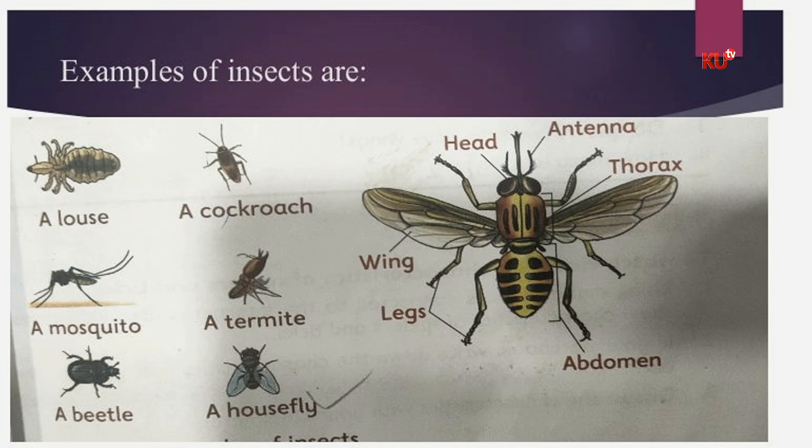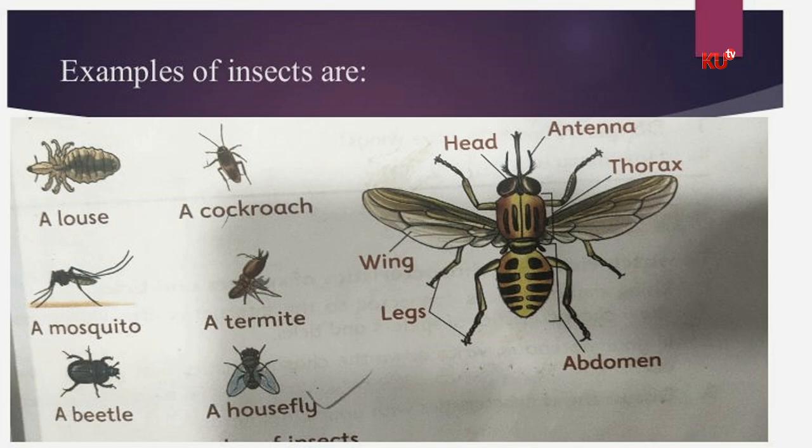So ants, beetles, louse do not have wings, but they fall under the category of insects. Those are the few examples of insects that we have there. You can add as many as you can. You can add butterfly. You can add many others that fall under the group of insects.